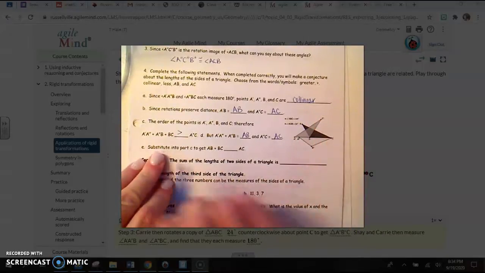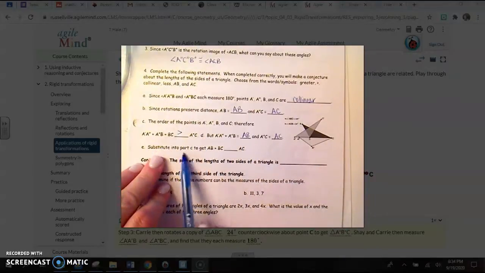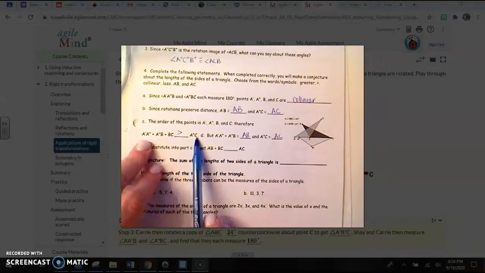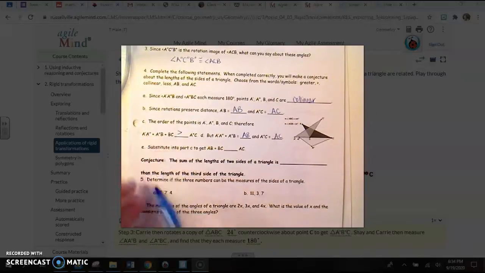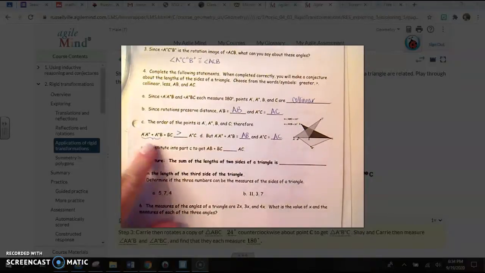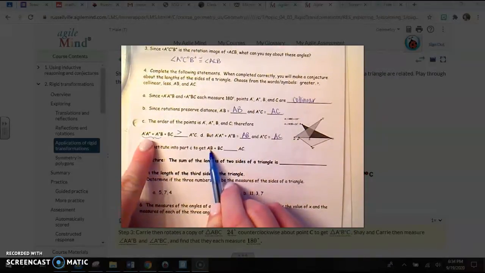So we can substitute into part C to get this statement right here. So A prime A double prime plus A double prime B, we're replacing this with what it's equal to, which is AB. So that's where that AB came from.